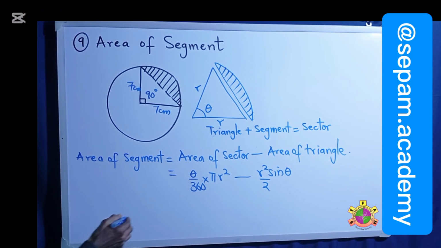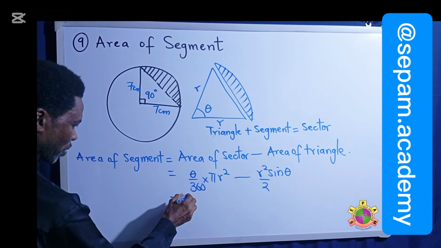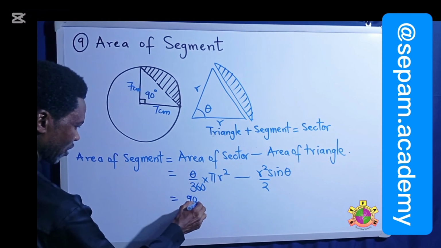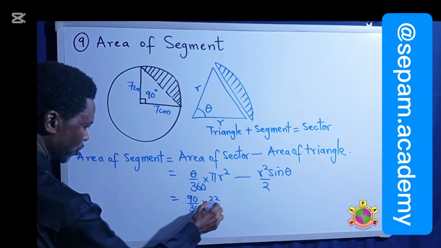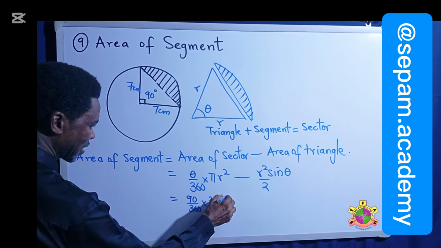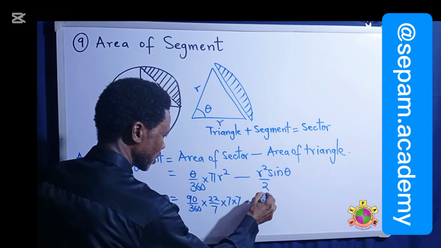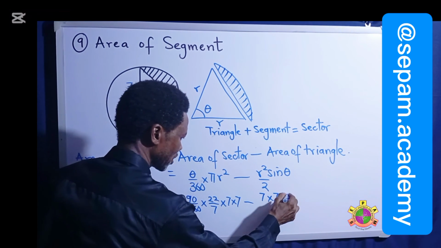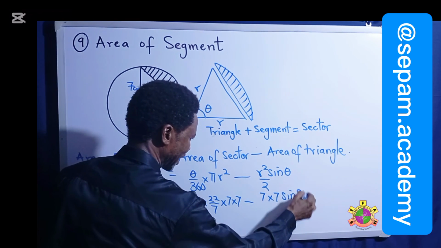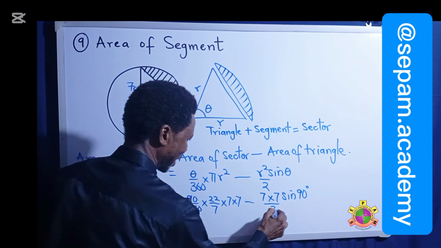We can substitute our values. This becomes 90 over 360 times 22 over 7 times 7 times 7, take away 7 times 7 sine 90, sine 90 is 1, divided by 2.